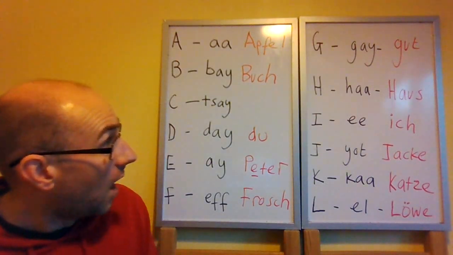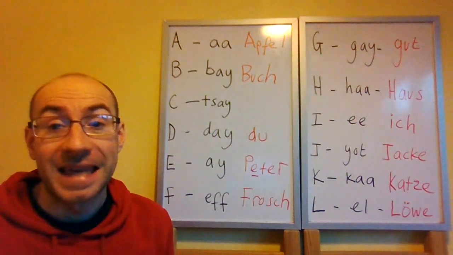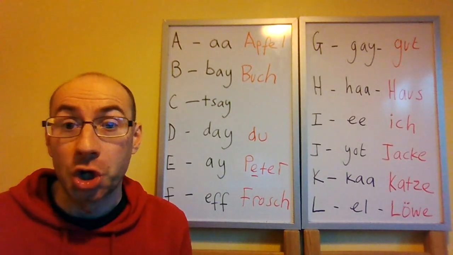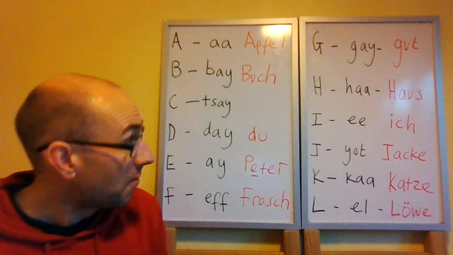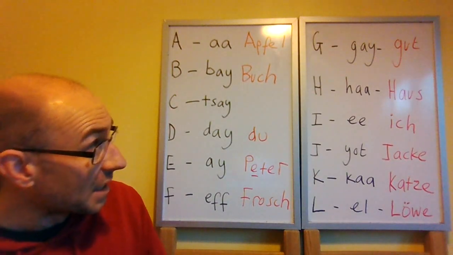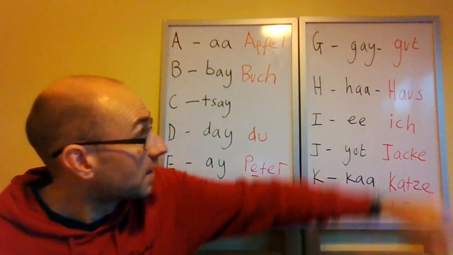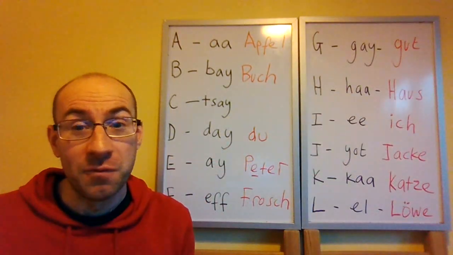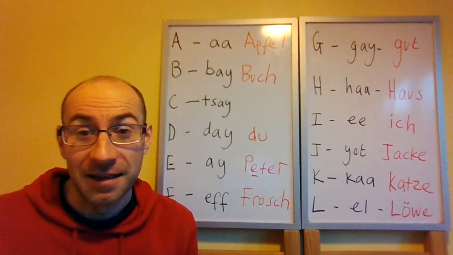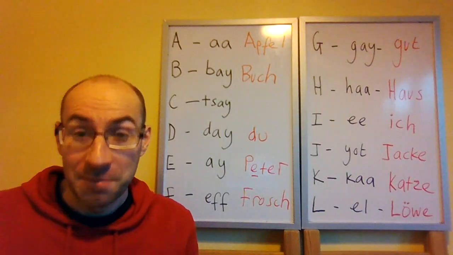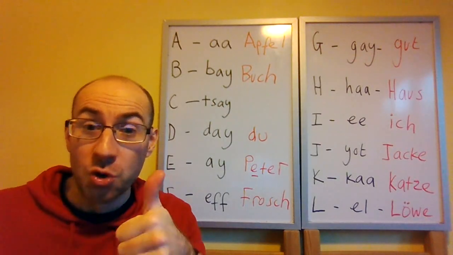Next board. G. It's the same as English, it's just G. A hard G sound. An example is the word gut. We used that before, didn't we? If I said wie geht's? Gut. Danke. It means good or well. So gut.